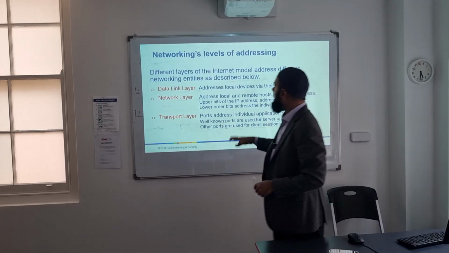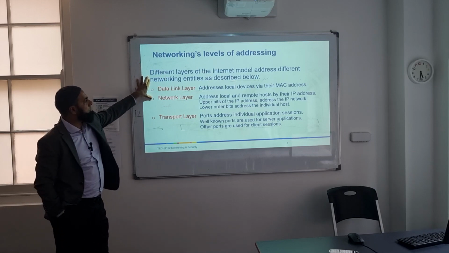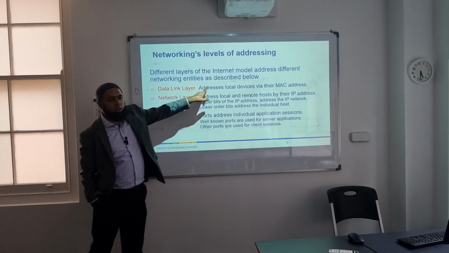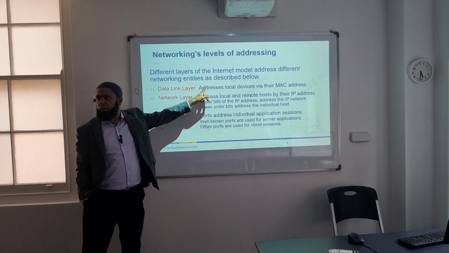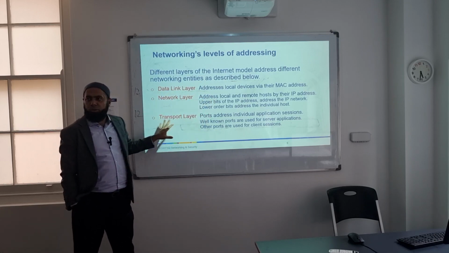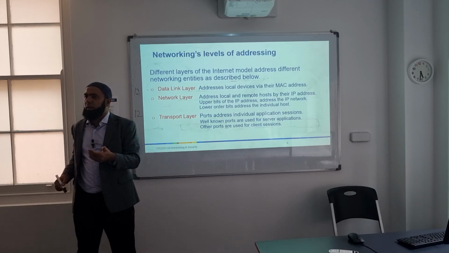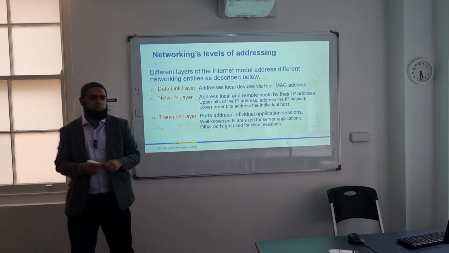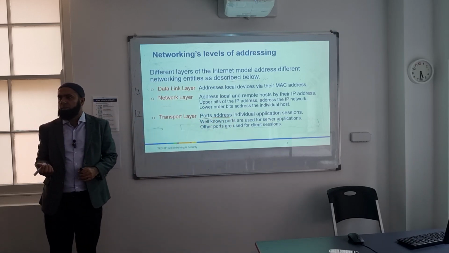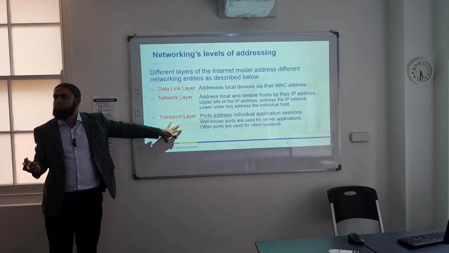Okay. So, networking levels of addressing. We have done data link and network: addressing local devices by using MAC, and the network layer by using IP addresses. Now we are with the transport layer, which has its own addressing: port addresses. That's something new under the umbrella of the transport layer.